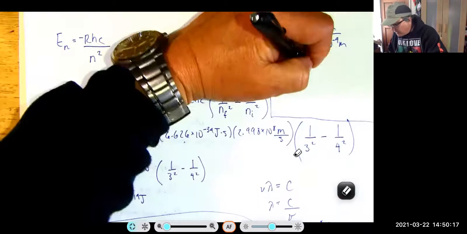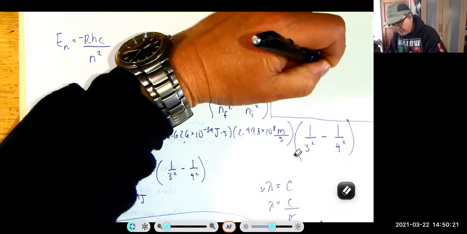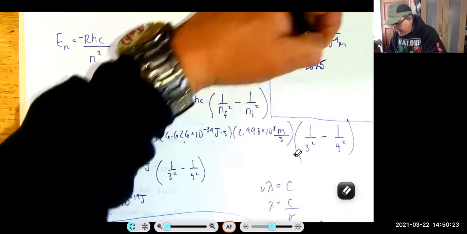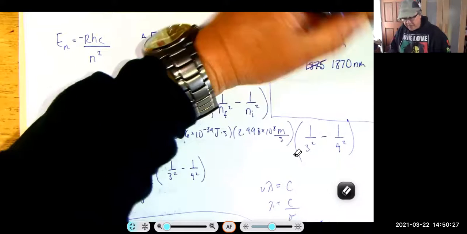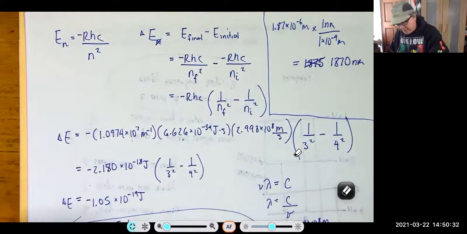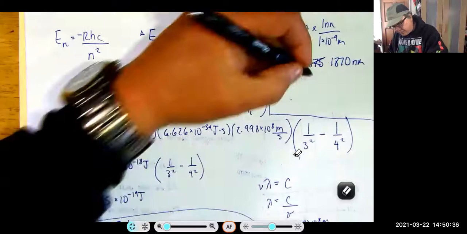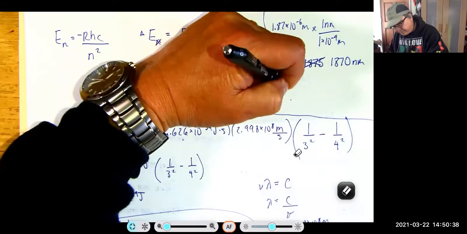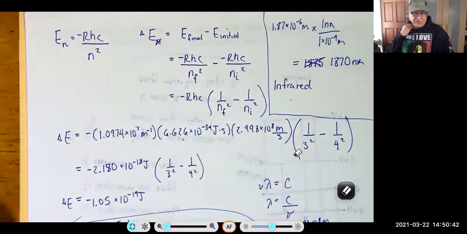And we get 1875, or I'm going to call this 1870 nanometers. Now remember, the visible spectrum goes from 400 to 700 nanometers, and longer wavelength of that would be infrared. So because this is below 3,000 nanometers or 4,000 nanometers, I'm going to call it infrared. And there you go.